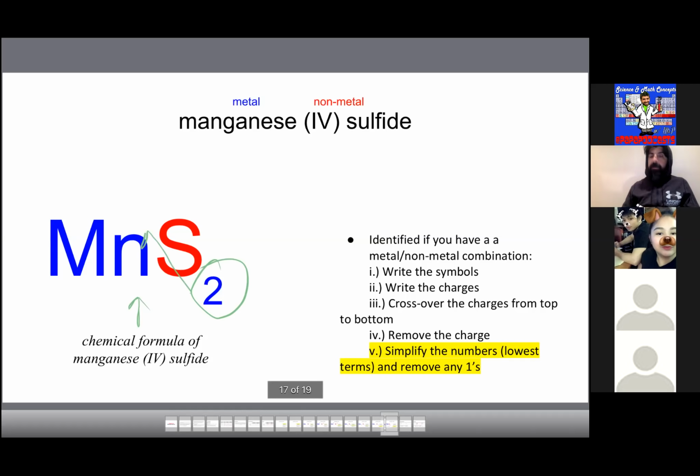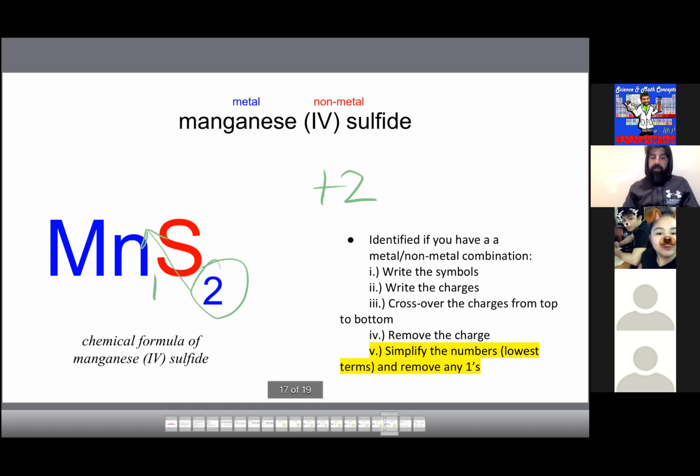That 2 came from manganese. But if you look at manganese, manganese can actually have a +2 charge. So be careful when naming formulas, because one thing to make note of is this.